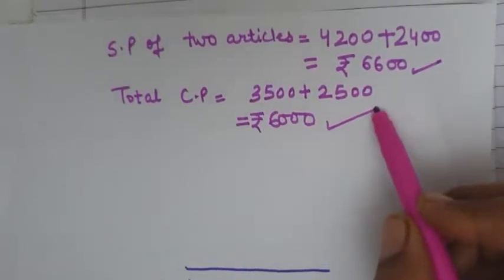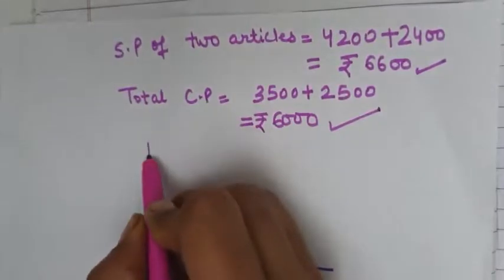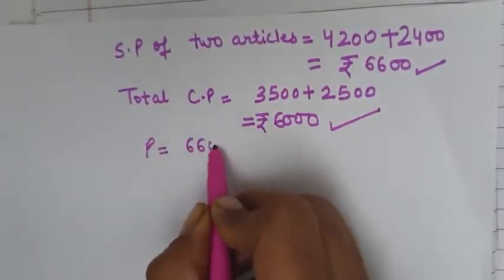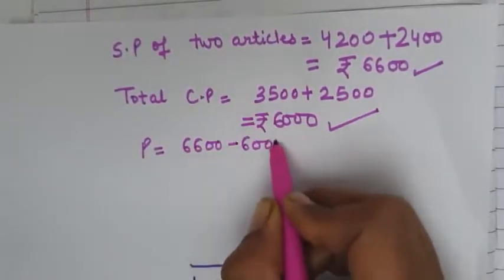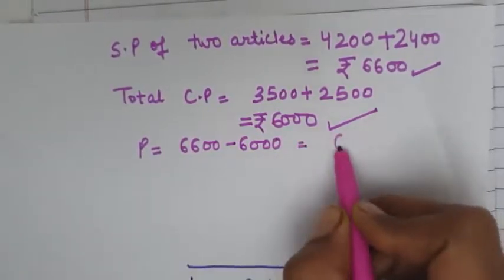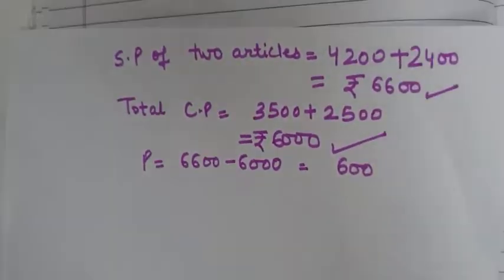So what will we have? We will have profit, and profit will be selling price minus cost price, that is 6600 minus 6000. So what we get? We get 600. Clear?